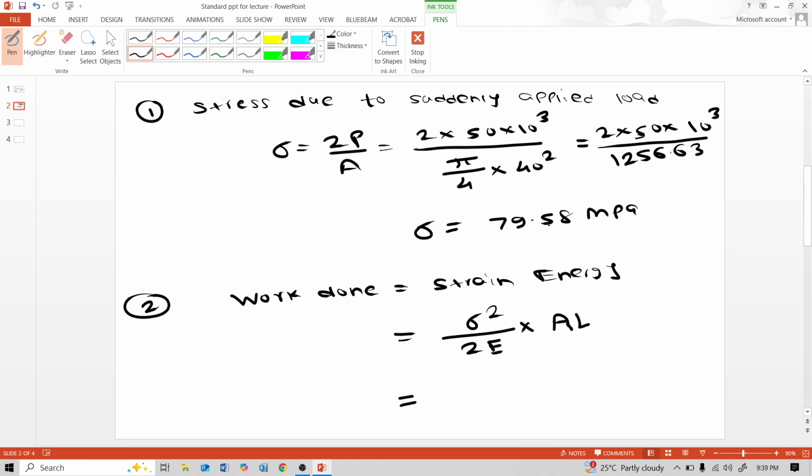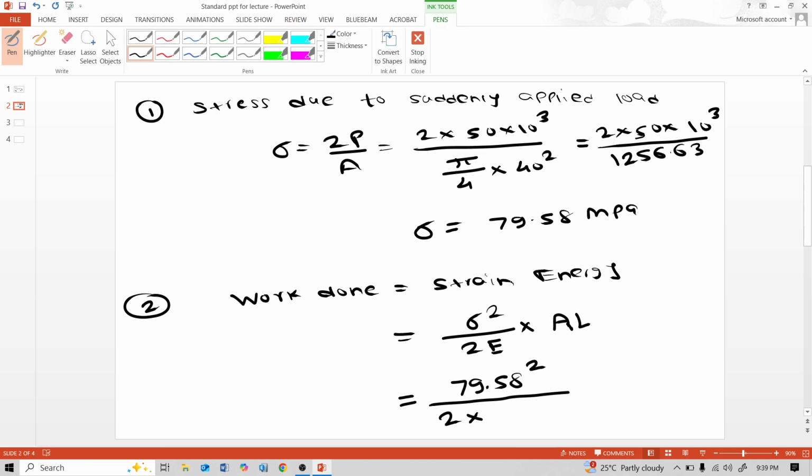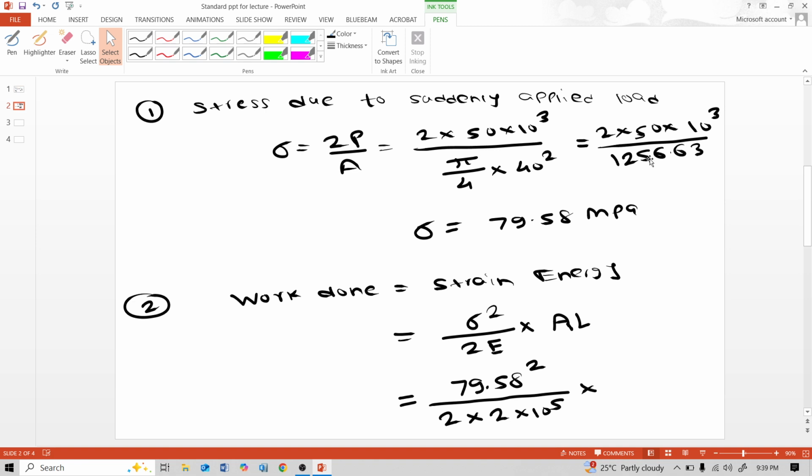So sigma is 79.58 square divided by 2 into modulus of elasticity, 2 into 10 raised to 5 MPa, into area 1256.63, and the length of that bar is 5 meter, that means 5000 mm.